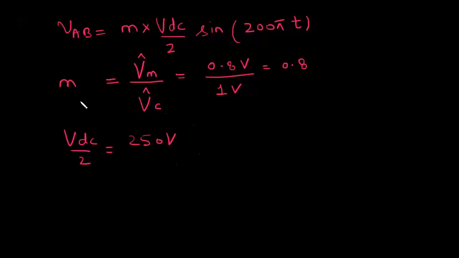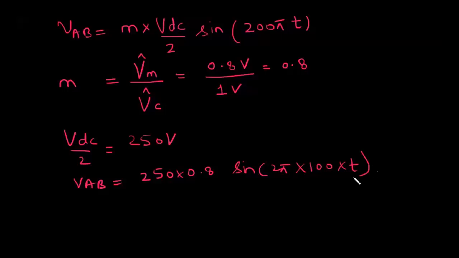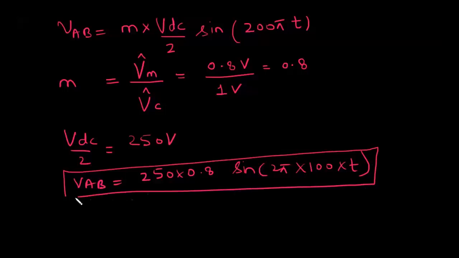So you can put M and VDC by 2 here. So this is VAB 100 Hz component.